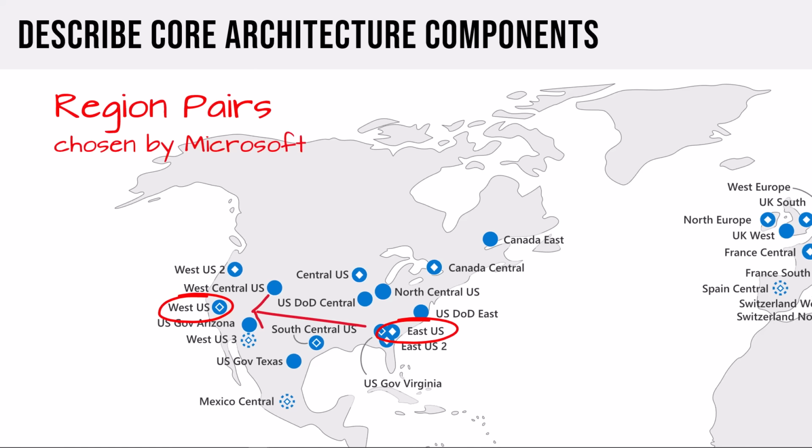That 300 plus miles is chosen by Microsoft to make sure that the locations are far enough apart that both are not impacted by the same disaster, for example. Those are the two most important elements to remember for the exam: region pairs tend to be locations 300 plus miles apart, and they are chosen by Microsoft.